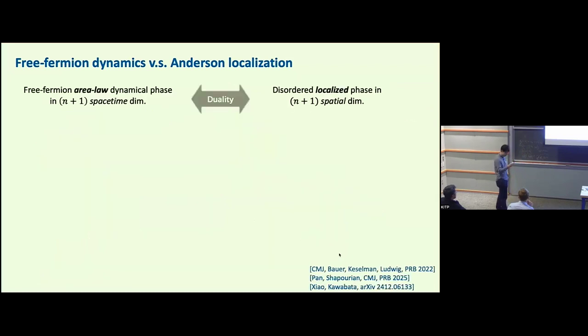And, like I said, I want to focus on area law dynamical phases in, let's say, n+1 spatial dimensions. Through the mapping that I showed you in the previous slides, it gets mapped to disorder localized phases in n+1 spatial dimensions, all right? It's space-time and space here. Okay? What are these? Well, this is the stuff the big table that I showed you on the first slide was classifying.